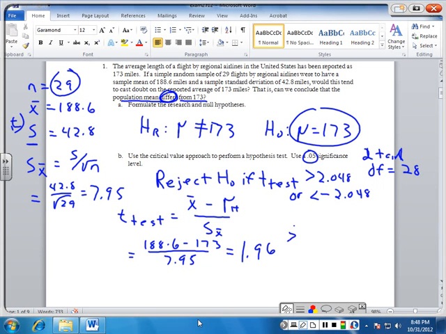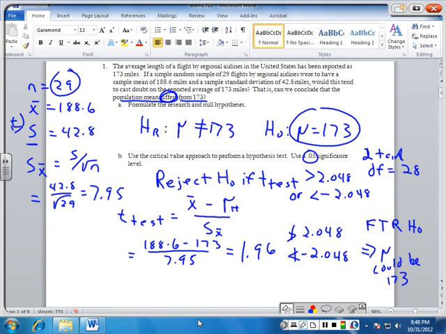Anyway, that's not greater than 2.048, and it's not less than minus 2.048. Therefore, we fail to reject H0, and we conclude that mu could be 173, or at least we could not rule that out as a possibility.